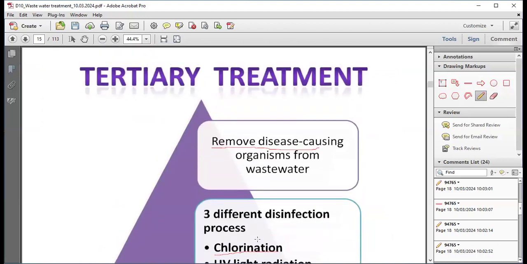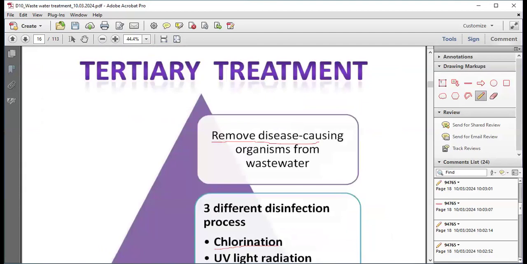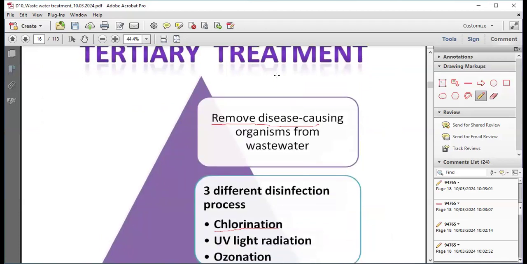Tertiary treatment mainly removes the disease-causing organisms from wastewater, right?